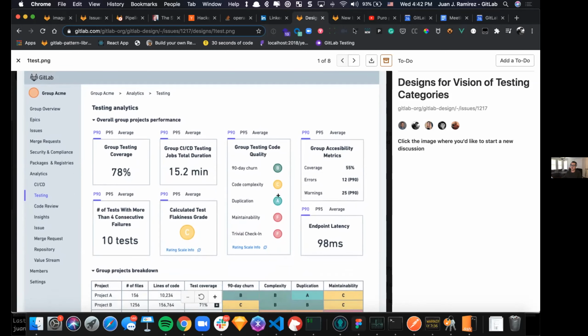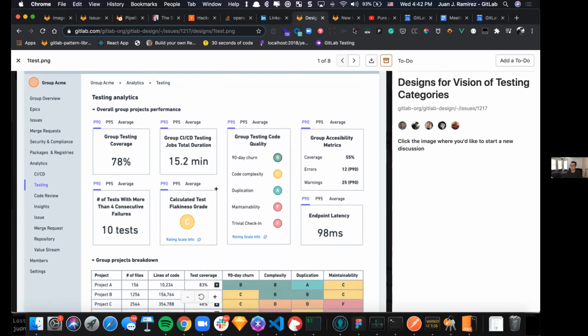It happens many times that your pipeline, your tests fail because of linting issues, for example.